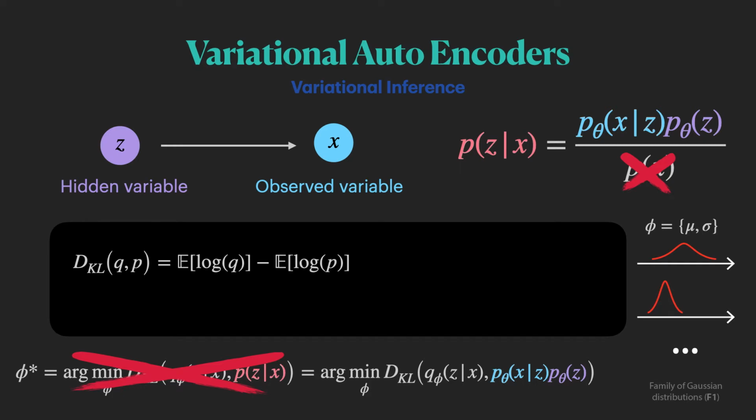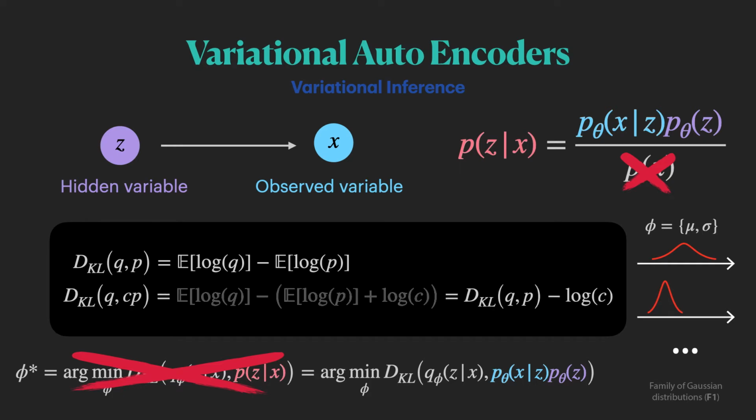If we look at the definition of the KL divergence and follow some very simple logarithmic math, we see that a scaling of this probability ends up being a bias term in the KL divergence. And since the choice of our parameters and the choice of the model does not depend on p of x, which only depends on the data, this is a constant in this optimization. So we can omit it and only optimize the numerator.